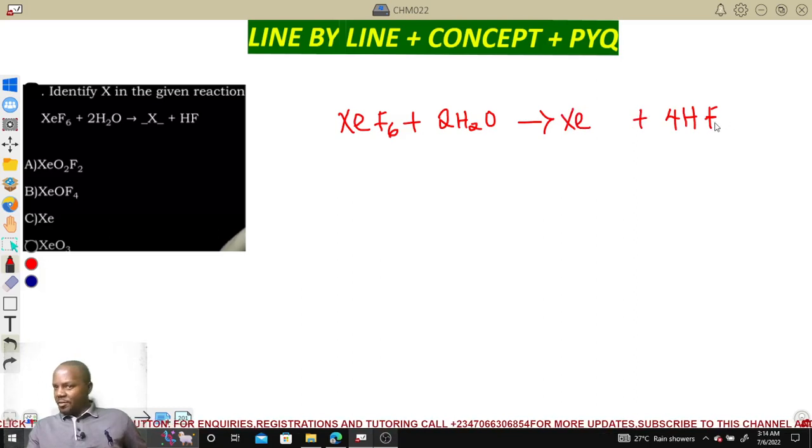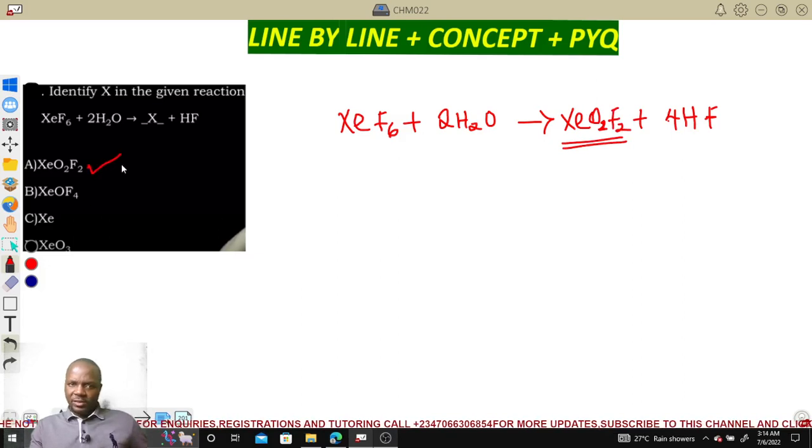Then what do we have left? I just want you to count with me. I don't want to make any mistake whatsoever. So Se, I'm counting the remaining stuff. I've taken 4 fluorine, remain 2 fluorine. Then again, I have 2 oxygen, that is SeO2. I think I've written this reaction before. Then I have remaining 2 fluorine, F2. So this should be what I will have as my X. So this is the answer, SeO2F2 is the answer.